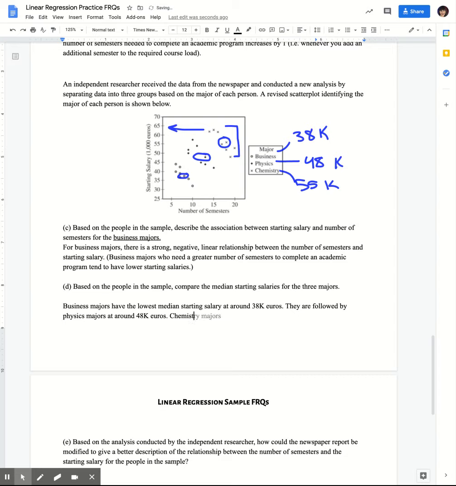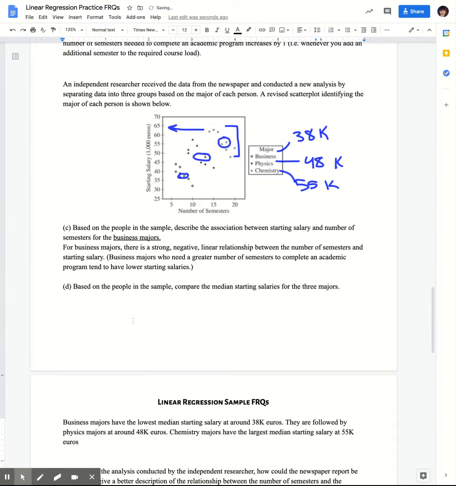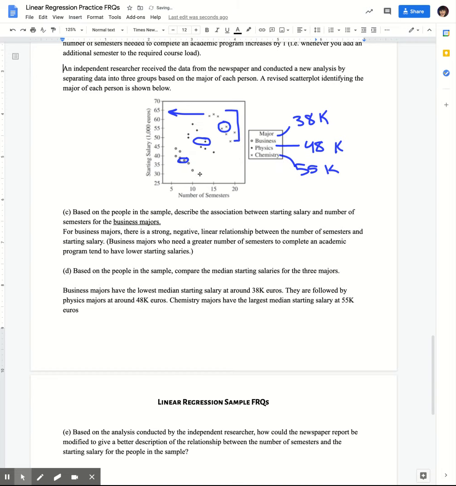Chemistry majors have the largest median starting salary at 55,000 euros. Okay, so there's your comparison.